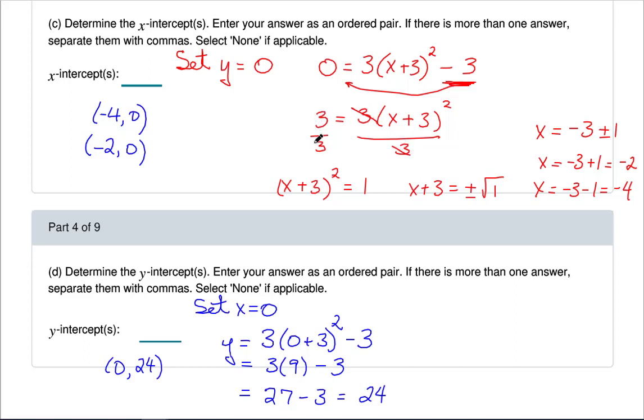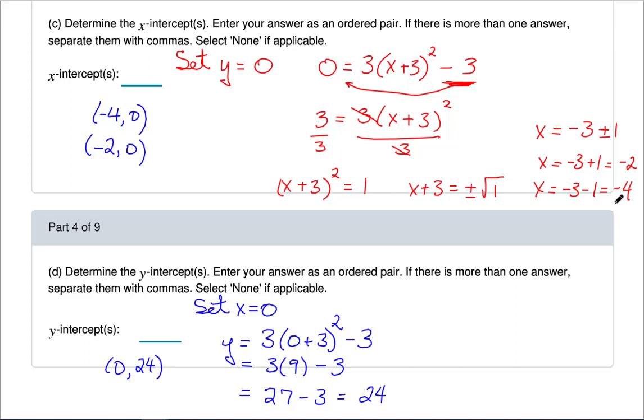So 3 over 3 is 1. And I've got (x plus 3) squared is 1. So x plus 3 is plus or minus the square root of 1, or minus 3 plus or minus 1. And so you get that the x values are minus 2 and minus 4.